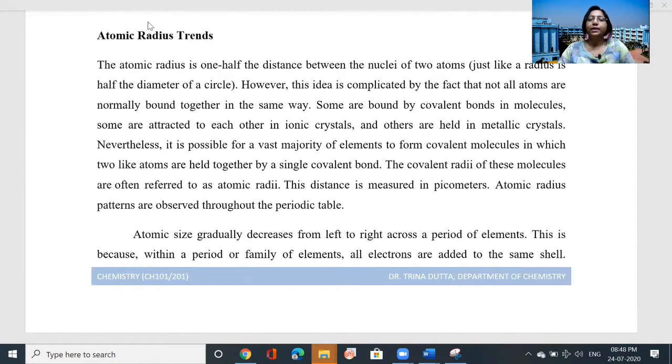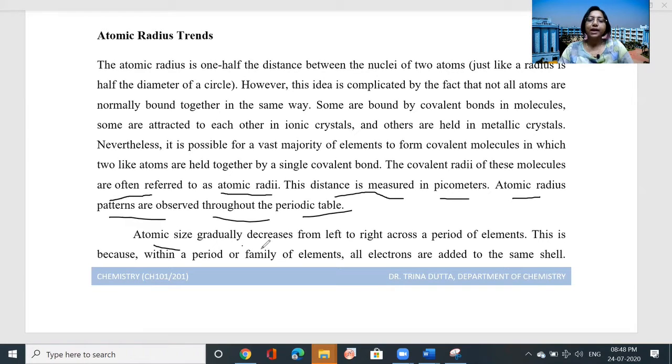So the covalent radius of this molecule is often referred to as the atomic radius. This distance is measured in picometers. Atomic radius patterns are observed throughout the periodic table.